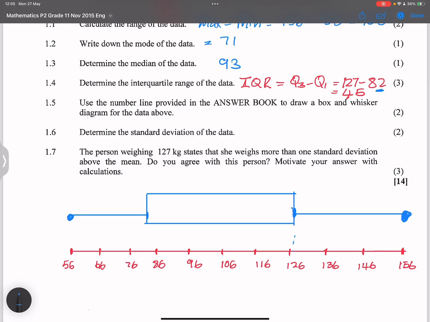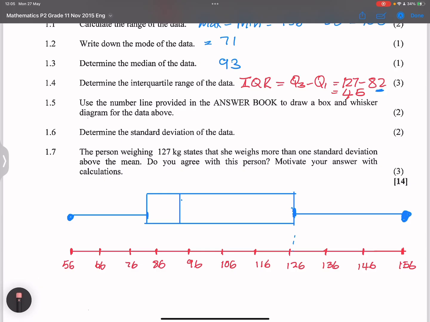Right, now remember, we need to also indicate what our median is. So our median is at 93. Okay, so our median is somewhere over there. So maybe let's just put it over here. Okay, so this is going to be our minimum value.